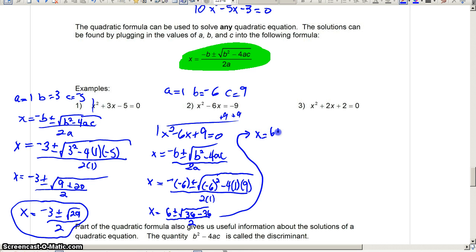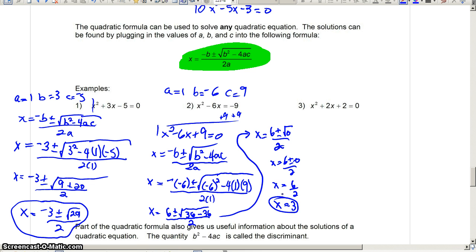We're going to have 6 plus or minus the square root of 0. And what is the square root of 0? Well, the square root of 0 is 0 itself. So you'd have 6 plus or minus 0. And 6 plus or minus 0 is just a 6. We have the answer, x equals 3.